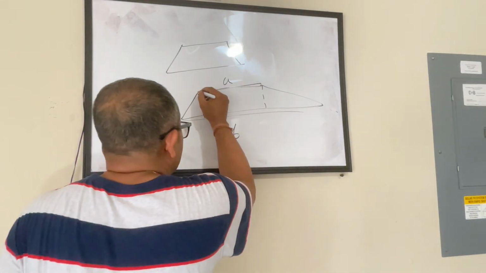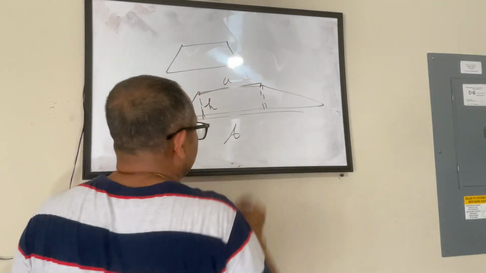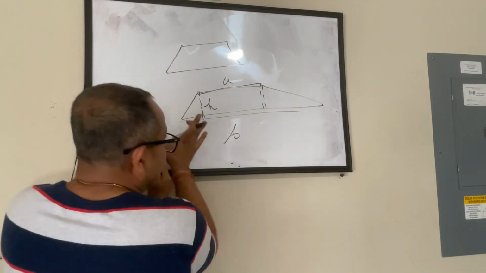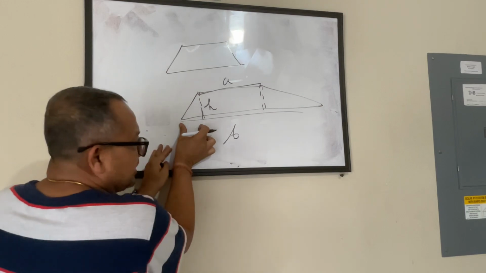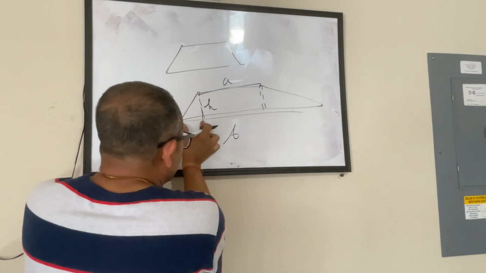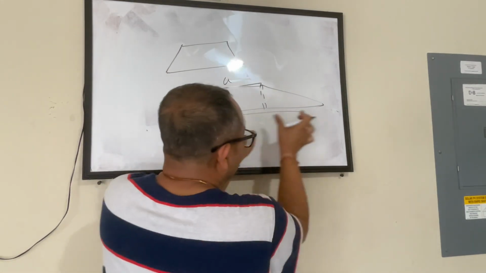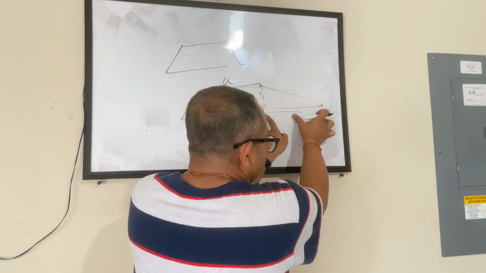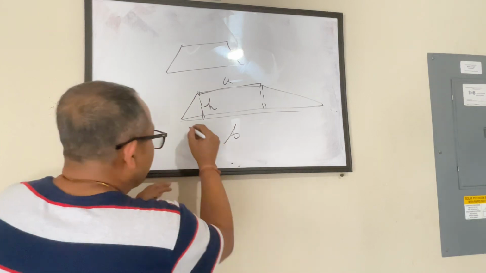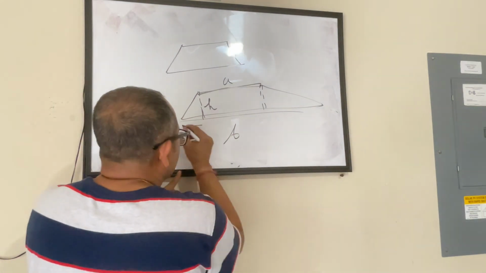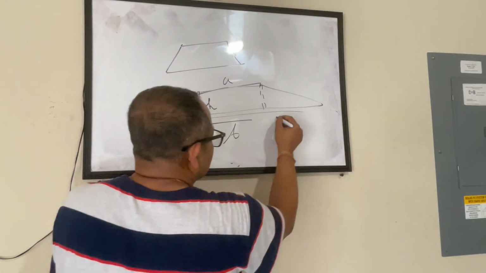We drew a perpendicular line so that I can break this into three components: a right angle triangle, a rectangle, and a right angle triangle. We know the area of a right angle triangle and of a rectangle, and we know how to find the area of this right angle triangle also. We found out the areas, added them together, and found that this and this are common.